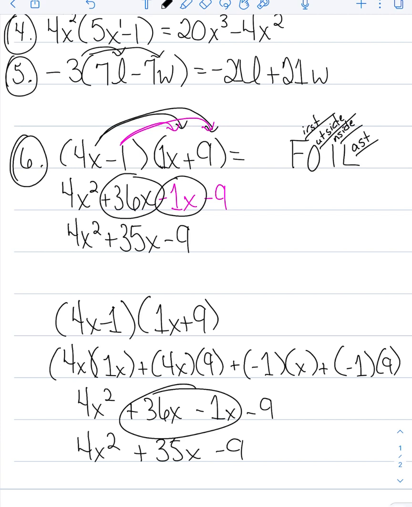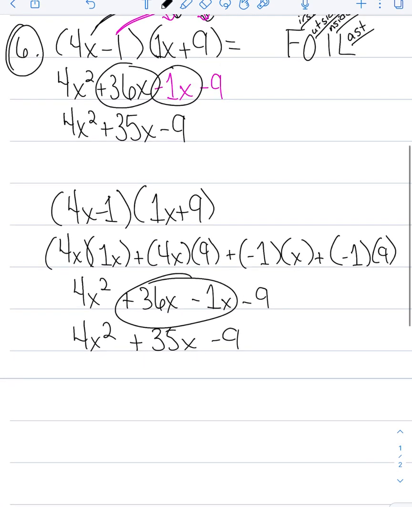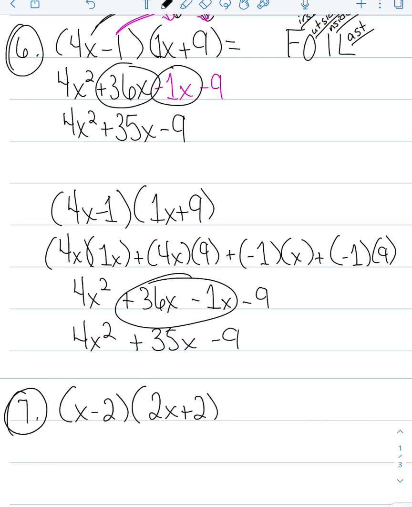Now, for the rest of the lesson, I'm going to use the FOIL method to simplify multiplying two binomials. So let's take a look at number 7. I'm going to multiply x minus 2 times 2x plus 2. So I'm going to use FOIL. First, x times 2x is 2x squared.